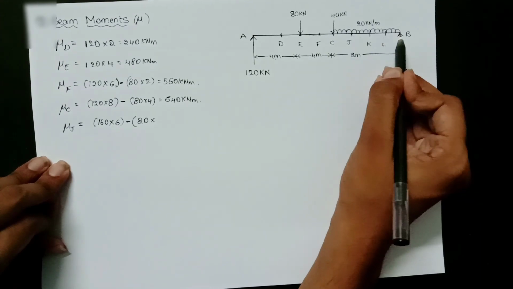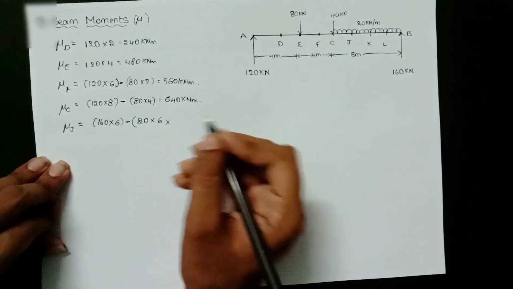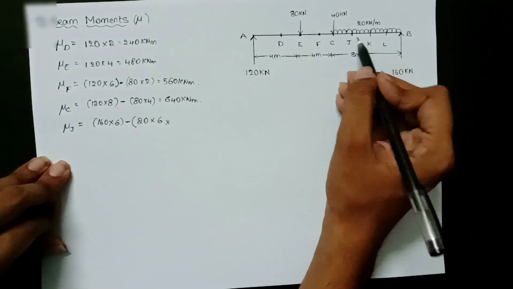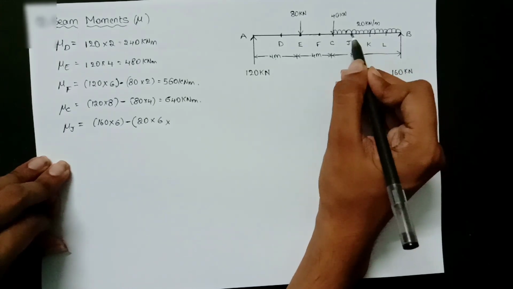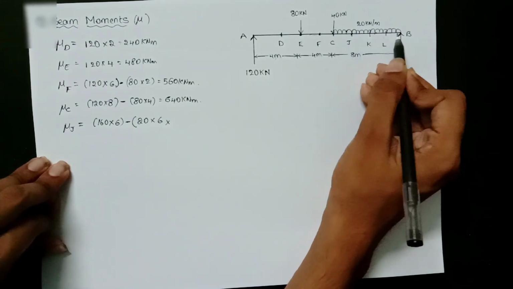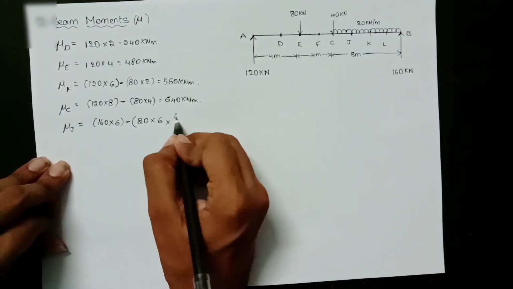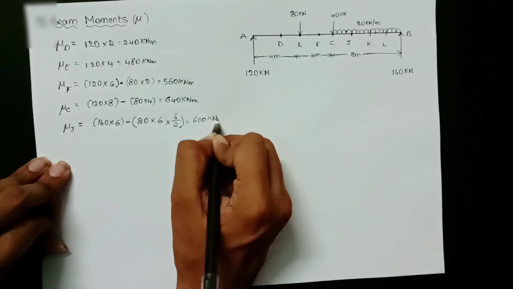From here to here the UDL acting is 6 meters. So 6 into the distance between the point and the center of UDL. For this distance the center will be here. So this is 6 meters, the center will be 6 by 2. So this is 600 kilonewton meter.